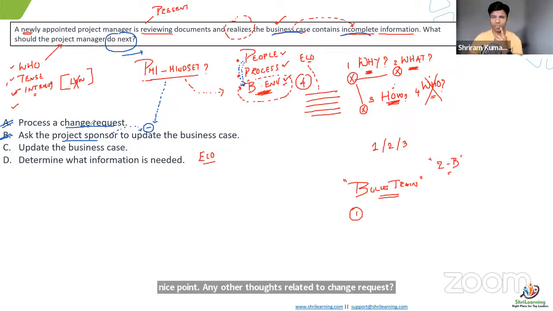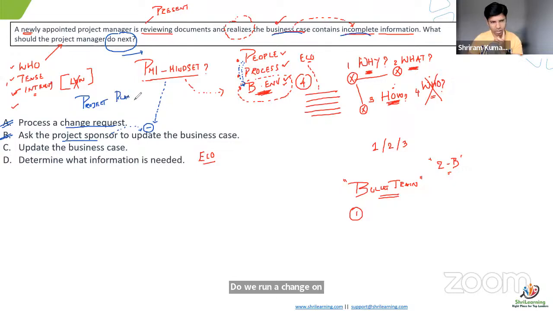What do we change? Usually a change request runs on what? Scope change, schedule change, or any. Do we run a change on project plans, whatever you made? Yes. Now, it is a bit early for us to talk about change request. It should get certain approvals also, because we are still in the business case study.